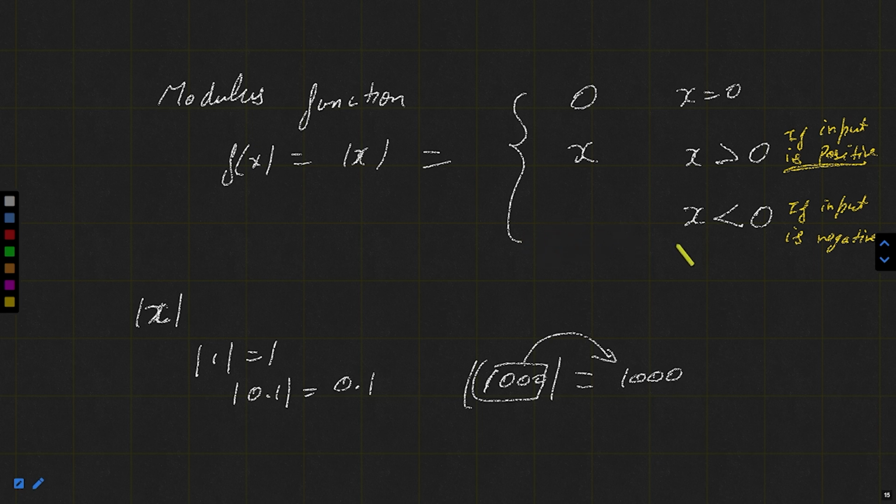Let's see. So if the input is negative, suppose x is minus 1, we know the output will always be positive. So the correct answer for this is like this.